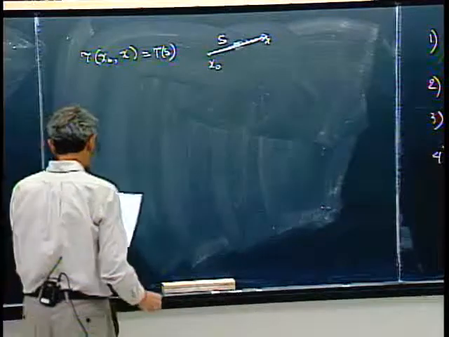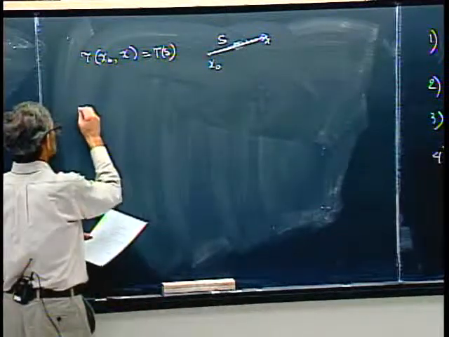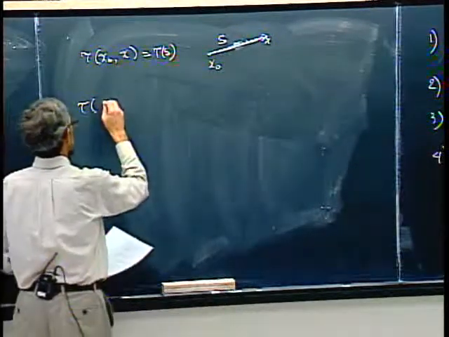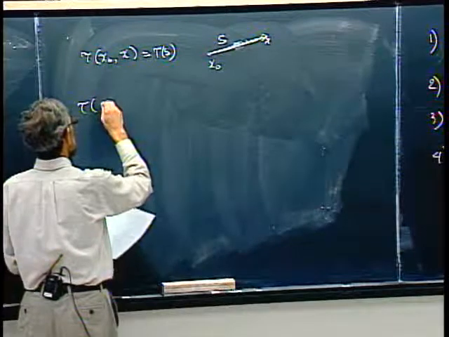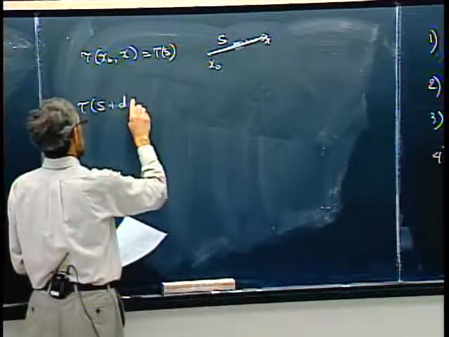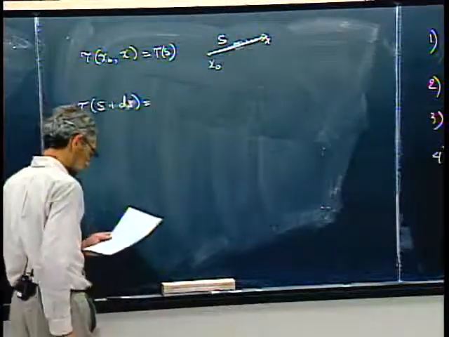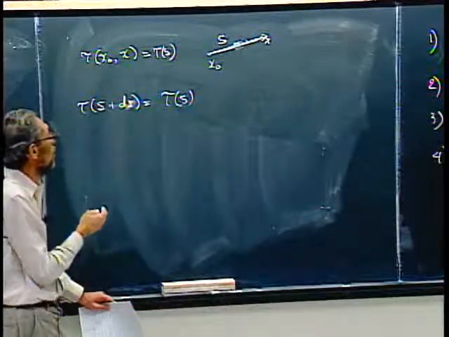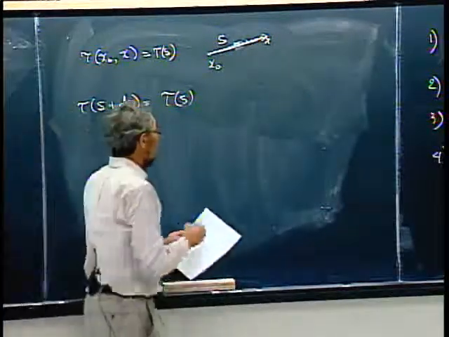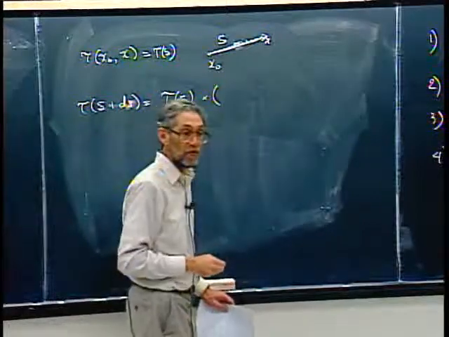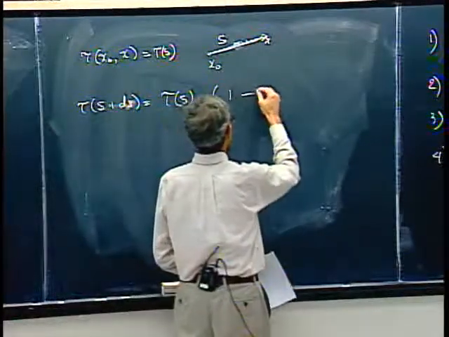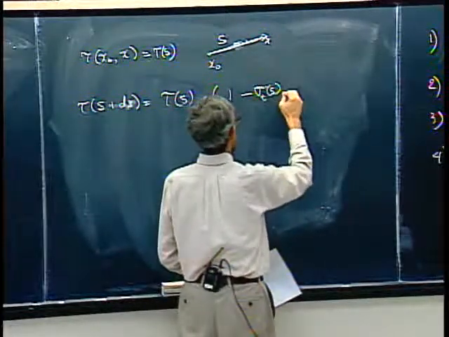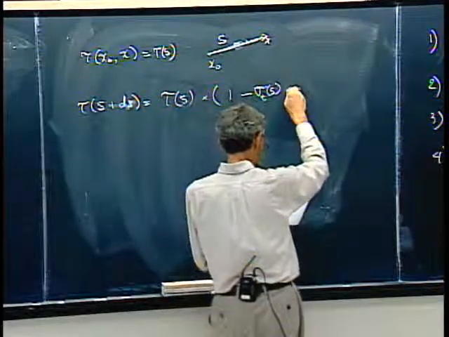And so I want to say tau, whatever it was at the front of this slab, if we look at the transparency at the back of the slab, is the amount that got to the front of the slab of the original light that started flowing times the probability of getting through the slab, which is 1 minus sigma t at that position times ds.